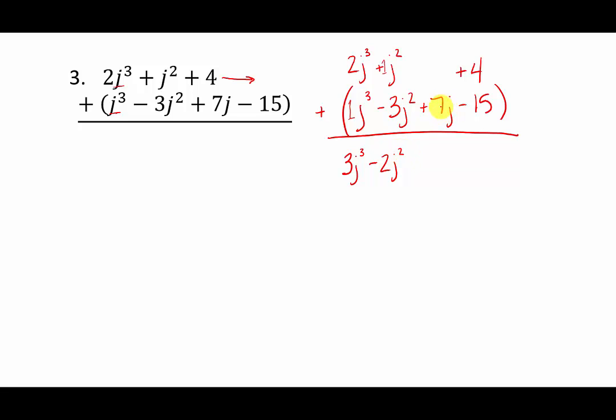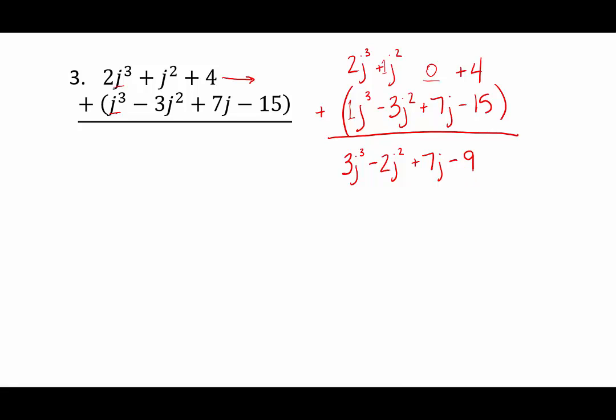And now we're here at this j. There's nothing above it, so that's like putting a 0 there. So 0 plus 7 is just 7, and then the j. And 4 plus negative 15, or 4 minus 15, is a negative 9.